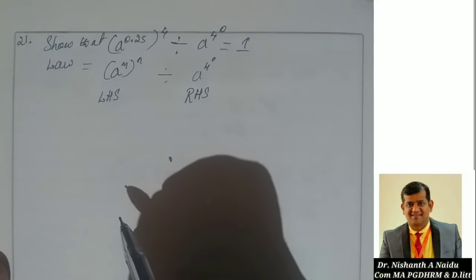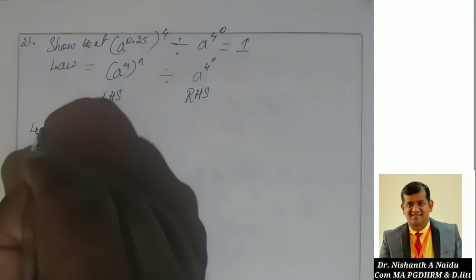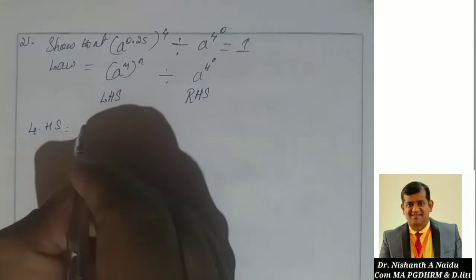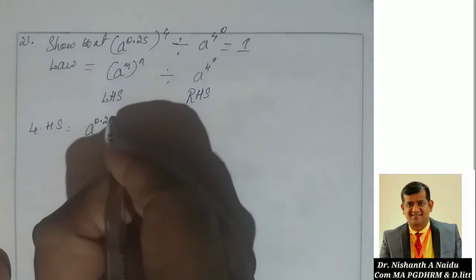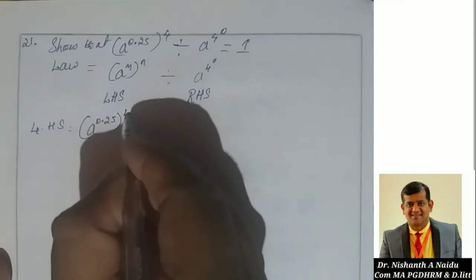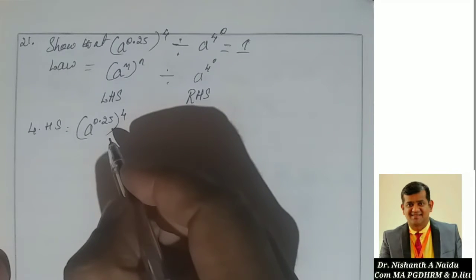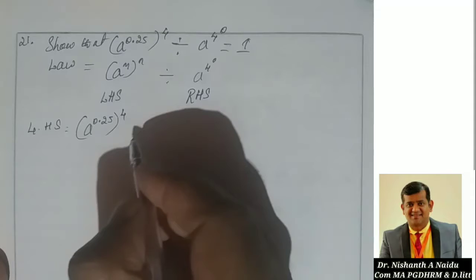So let us take the LHS. I am taking a to the power 0.25 whole power 4, so that means 0.25 into 4.